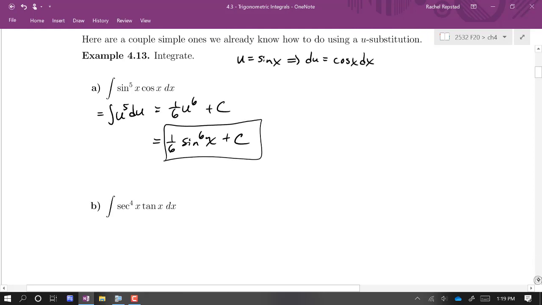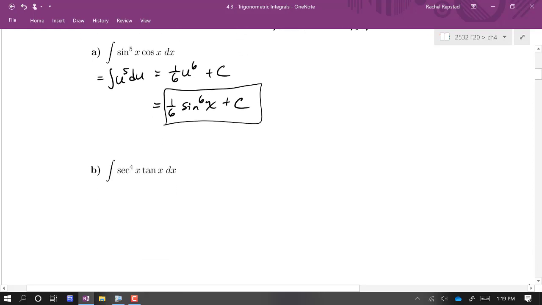In this next one, there are a couple of ways we could do it, but the simplest is to rewrite it by peeling off a factor of secant and writing it toward the end. So I'm going to write secant to the fourth as secant cubed times secant, and then we have times tan x dx. In this integral, if we let u equal secant x, then its derivative, du, is secant x tan x dx.